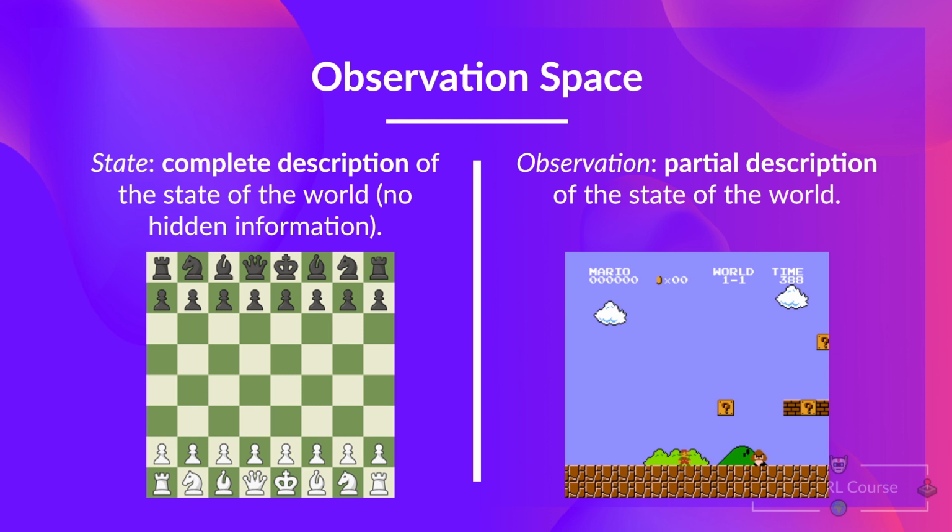We don't see the whole level, so we receive an observation. But something important to consider is that in reality, we only make this distinction in implementation. Most reinforcement learning courses use the term state when they explain something, but make the distinction in the implementation. And that's what we're going to do. We're going to speak about state every time, but when we implement, we'll make the distinction.